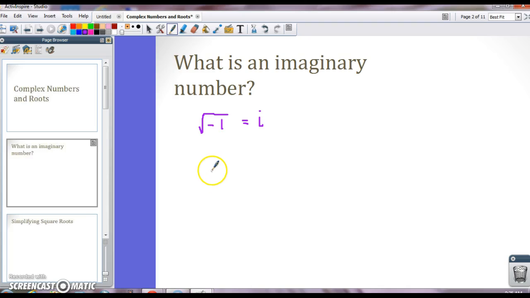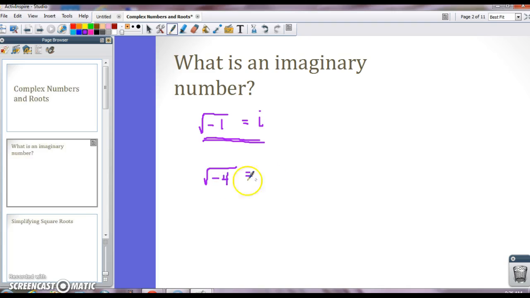So for example, now that I know this, because this is the definition of what an imaginary number is, we now have these imaginary units that we can use. And that allows me to take the square root of any negative number. I can in fact sit here and say, okay, well, the square root then of -4, I actually know what that is.